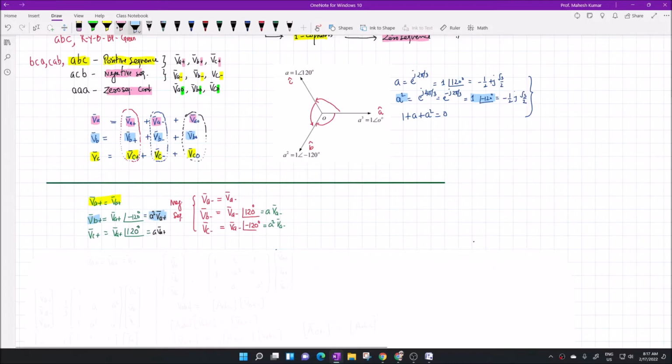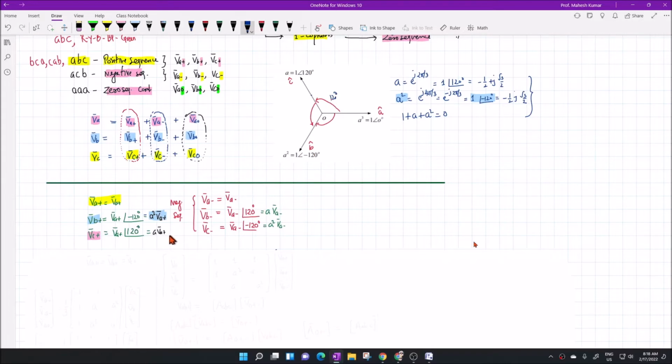Similarly, we can express VC plus. Now VC plus will be leading VA plus by 120 degrees because it is positive sequence. You can see from here, this is VC plus. This will be leading VA by 120 degrees. You can see here, this is the leading.